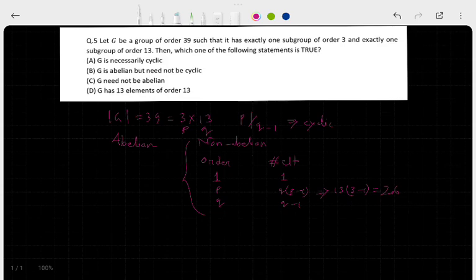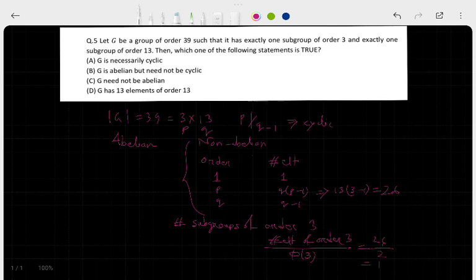So now we will find out the number of subgroups of order 3, which will be the number of elements of order 3 divided by phi of 3. So 26 divided by 2, which is 13. So it has 13 subgroups of order 3.